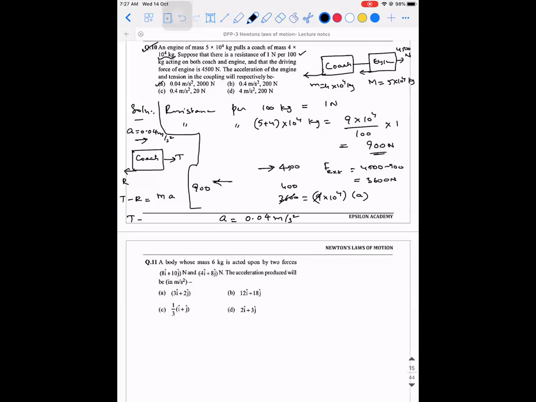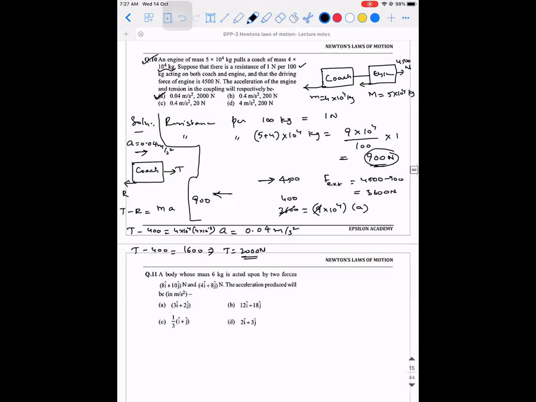See, the total resistive force experienced by the system is 900. Out of the 900, the coach's is 400. So T minus 400 is equal to mass of the coach, 4 into 10 power 4, into acceleration, 4 into 10 power minus 2. So T minus 400 will be equal to 1600, which implies T will be 2000.